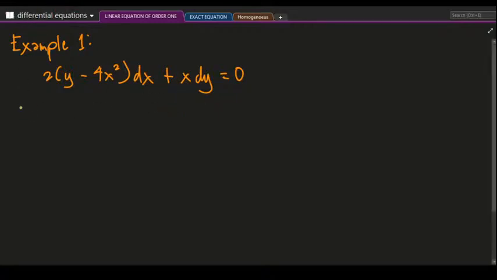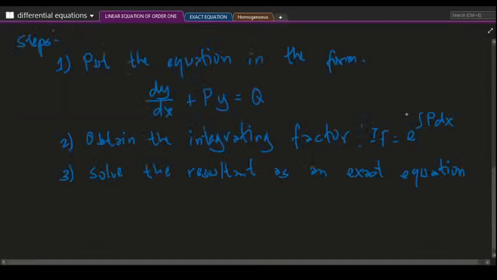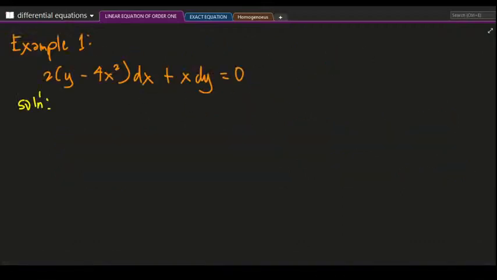So in solution, the first step is to put the equation in the form dy/dx plus p of y is equal to q. How are we going to do that? We'll just divide both sides by dx.